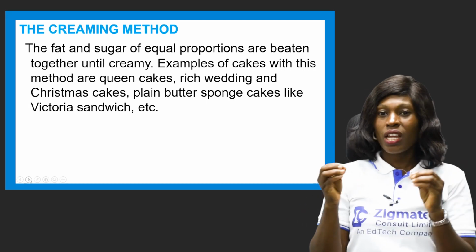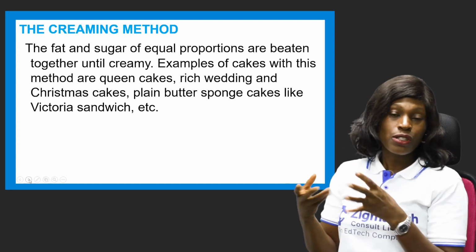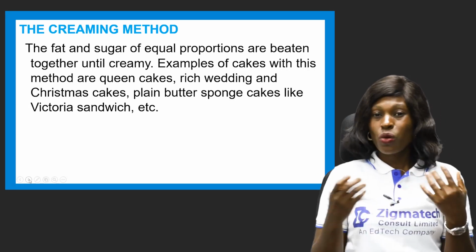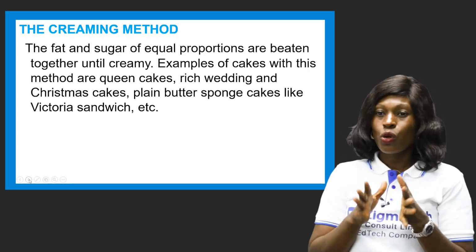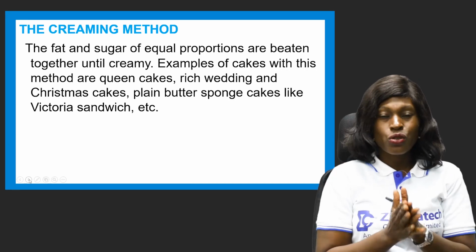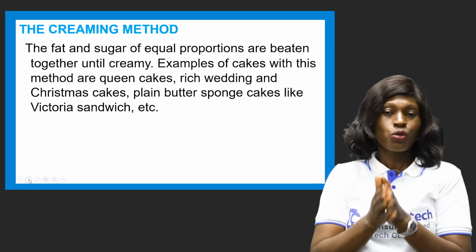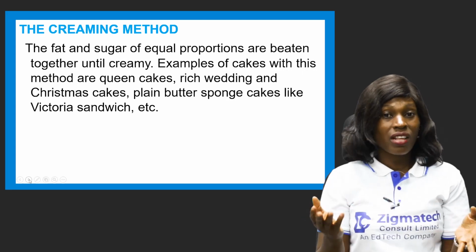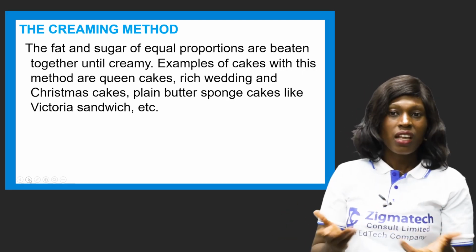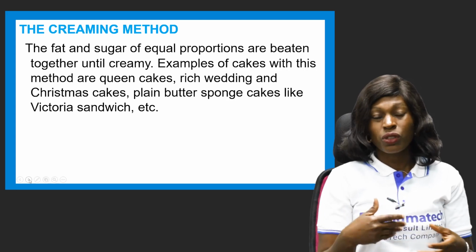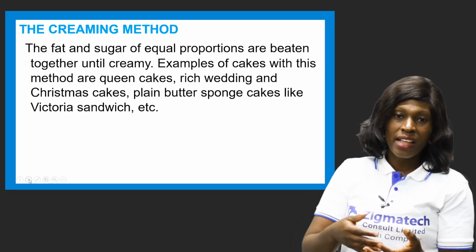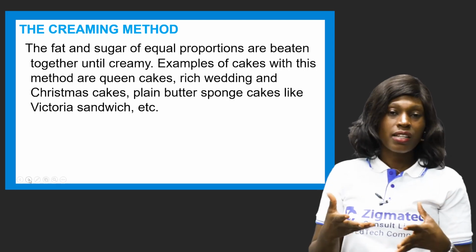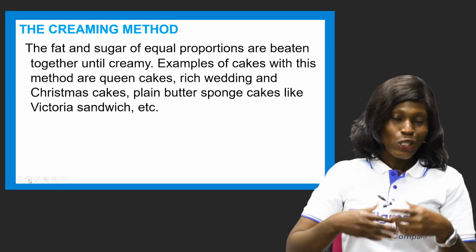Examples are your queen's cake, your rich wedding cake, your Christmas cake, your plain butter sponge cake. It's almost like the easiest way of making cakes, creaming the fat and sugar together before adding the other dry ingredients.